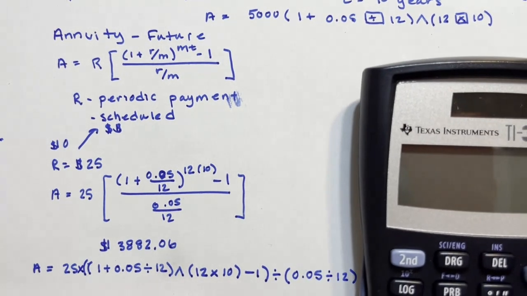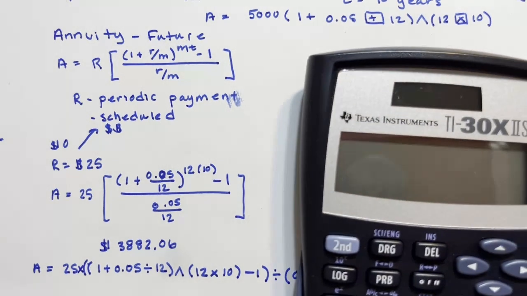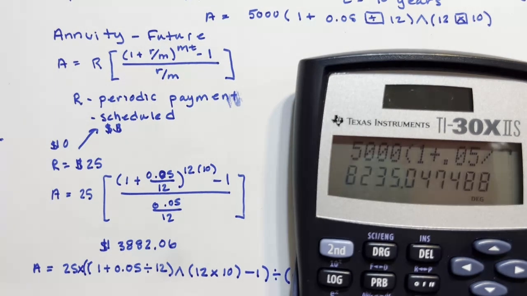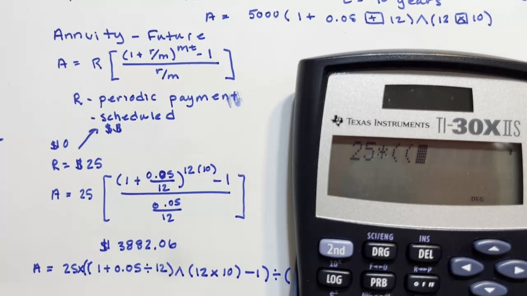All right, so let's see how this all looks. On and clear. 25 times open, open, 1 plus 0.05 divided by 12, close.